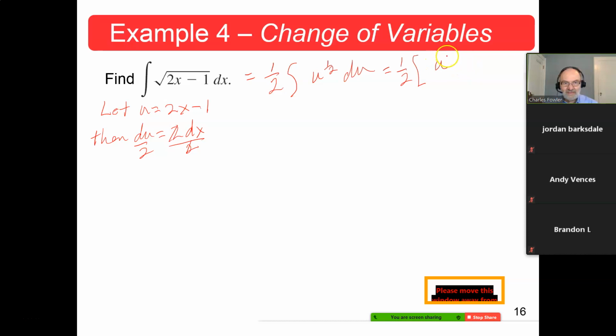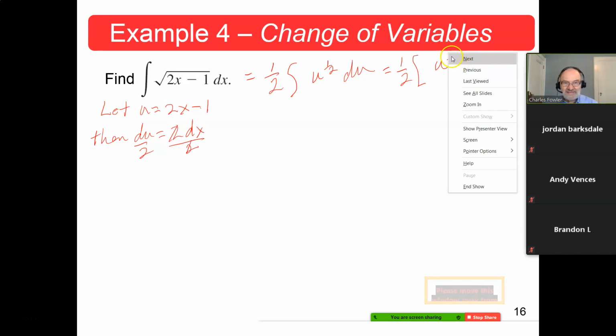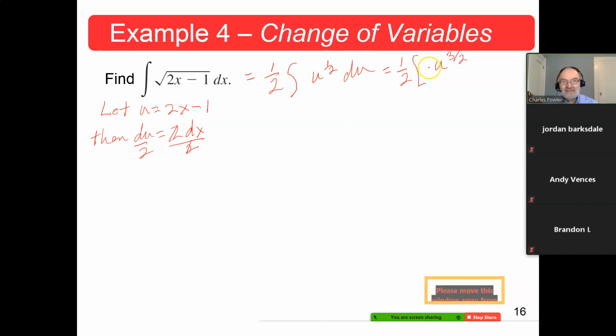Anybody? Anyone? It's u to the 3/2. Increase the exponent by 1, and then divide by that new exponent, which is multiplying by the reciprocal, 2/3.